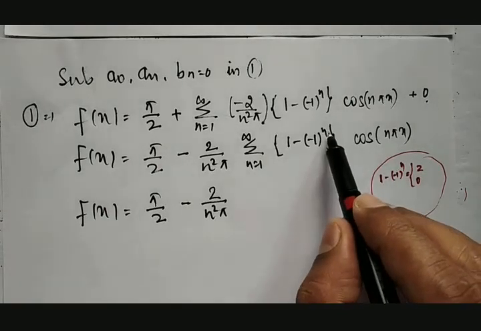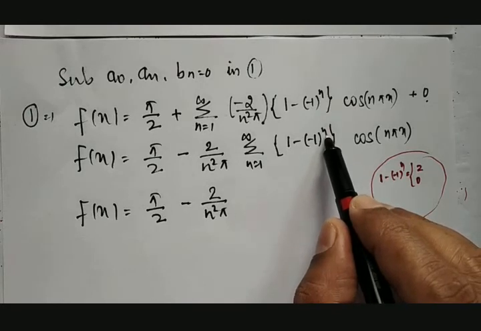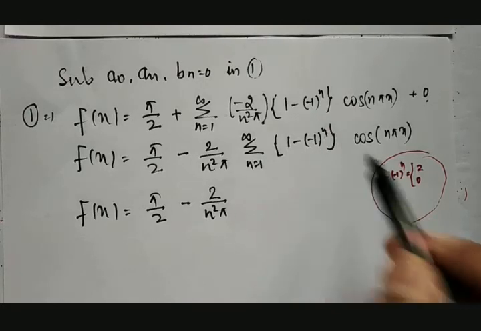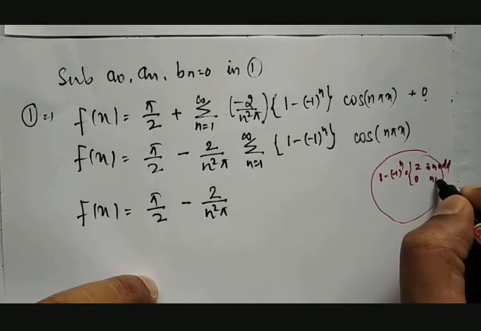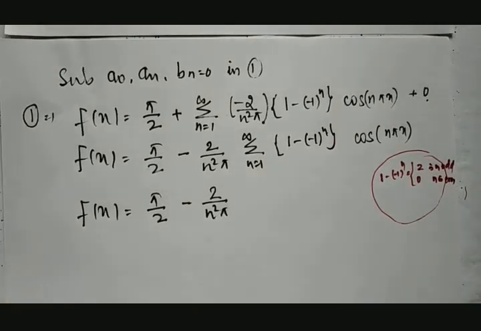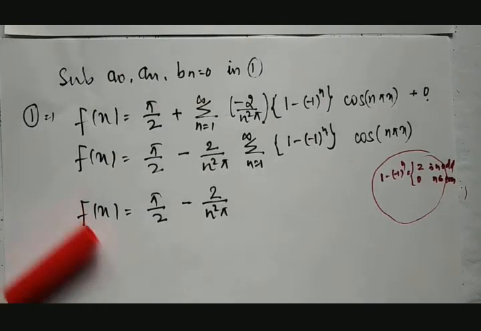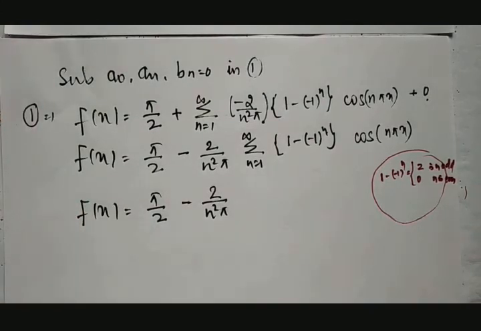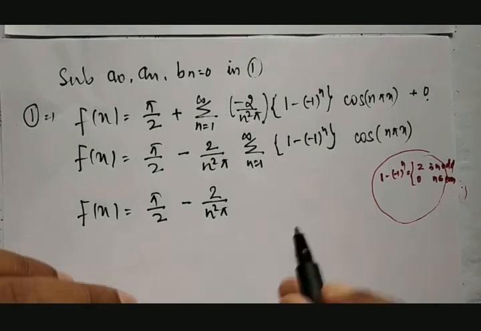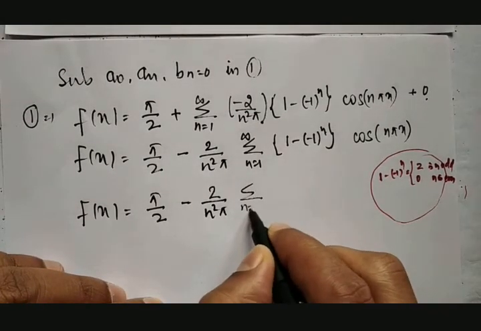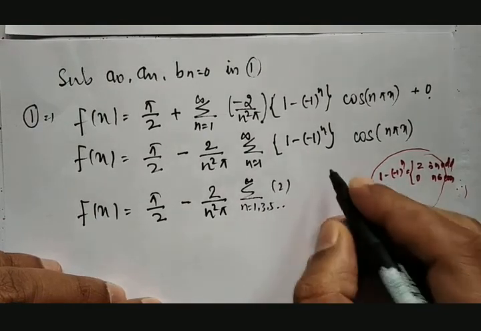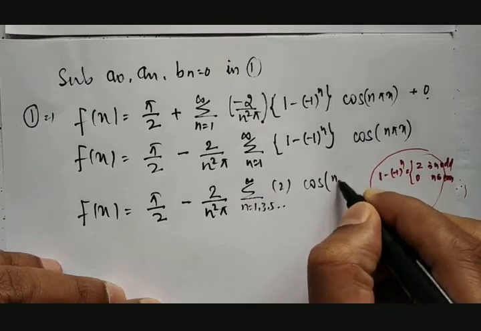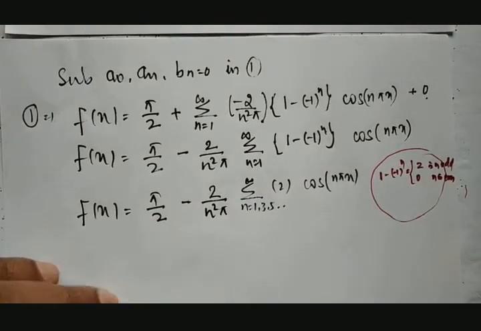It is 2 if the power is odd, that is, if n is odd. If n is even, it will be equal to 0. Therefore, we will be preferring odd. Therefore, it is summation from n equal to 1, 3, 5 and so on to infinity of 2 into cos n pi x.